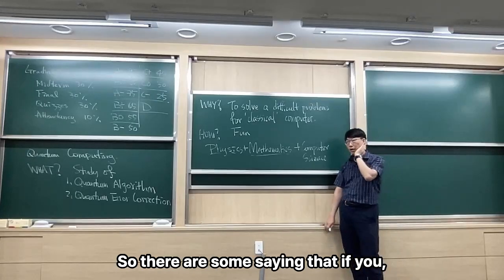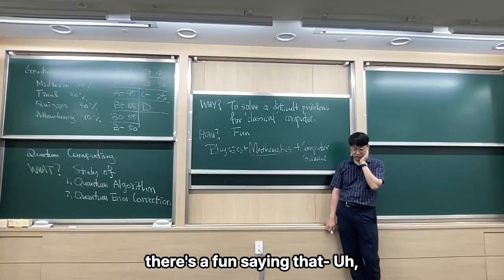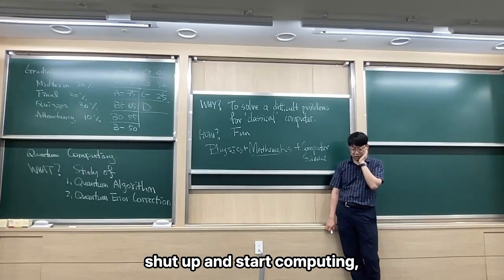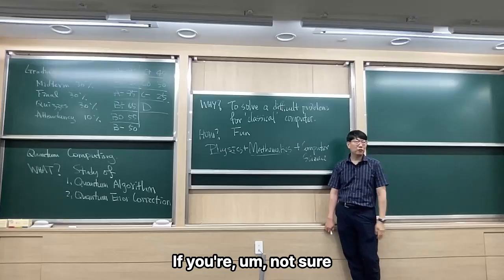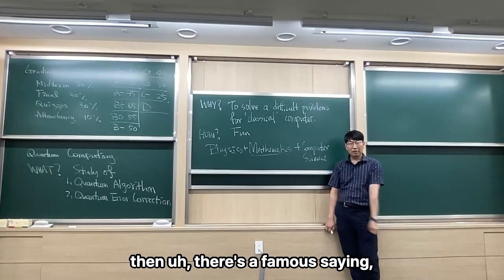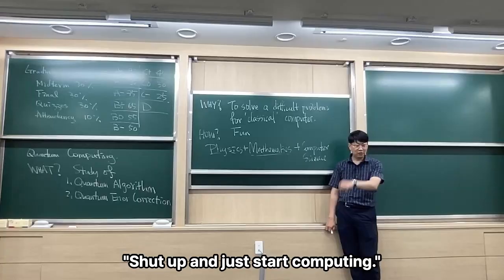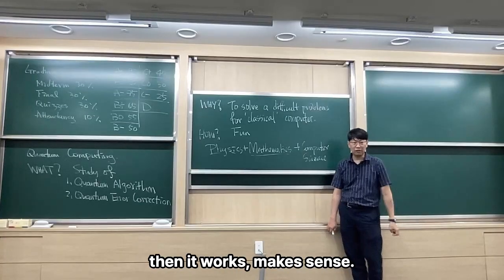In quantum mechanics, there is a fun saying: shut up and start computing. If you're not sure why quantum mechanics works that way, just start computing. If you compute things, then it makes sense.